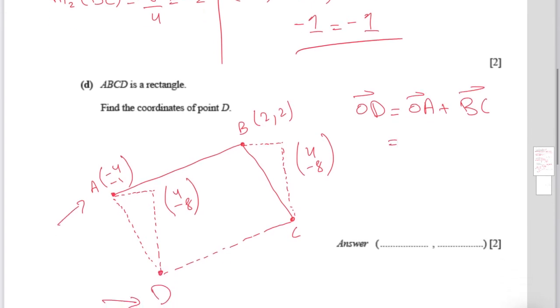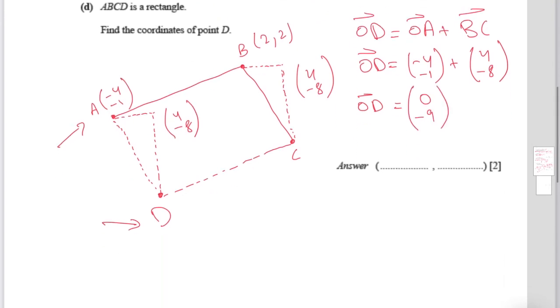So the coordinates of A are (-4, -1), and the coordinates of the vector BC are (4, -8). So OD is -4 plus 4, which gives us 0, and -1 minus 8, which gives us -9. So the coordinates of D are (0, -9).